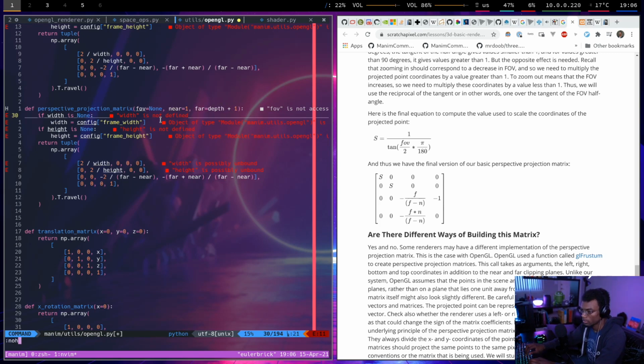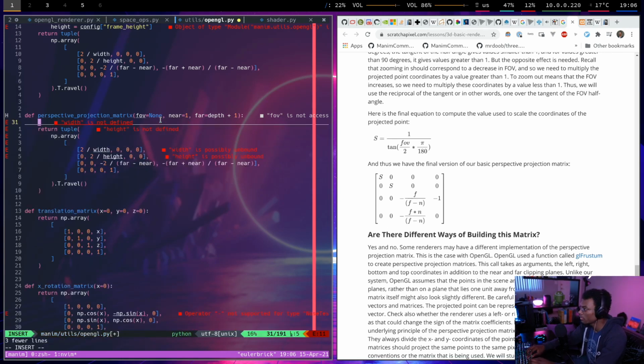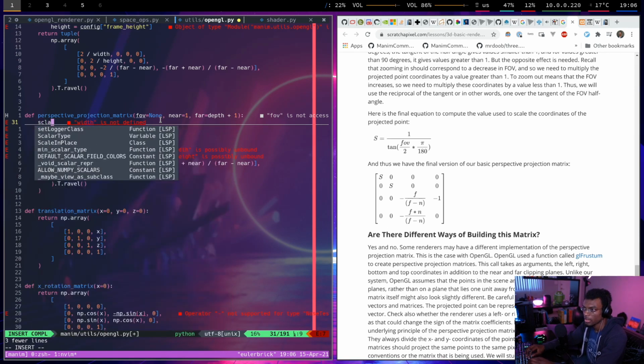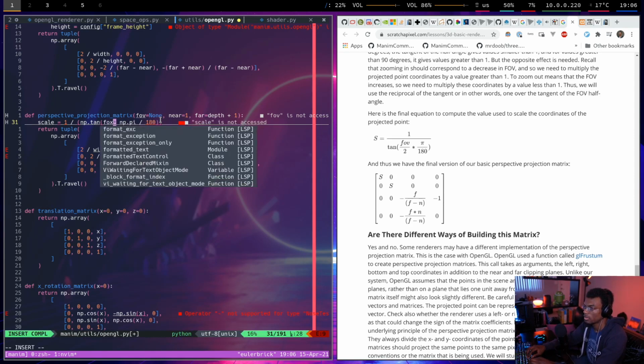Okay. Although maybe... No, yeah, I think this makes sense. Let me calculate this S thing, this scale. 1 divided by the tangent of the product of this and the field of view divided by 2.